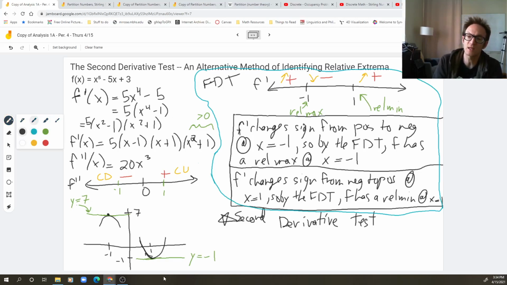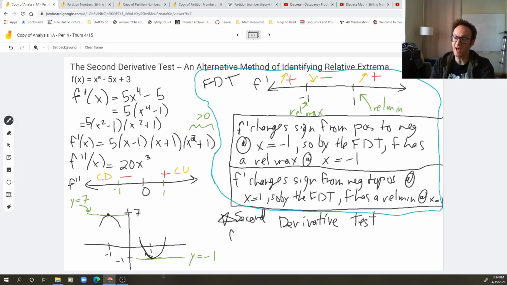So, instead of stating the theorem more generally, I'll just explain how you justify it for this example. Here's what you do. You say, okay, f, you're considering this critical number, -1. f prime of -1 is 0. In other words, it's a critical number. And f double prime of -1 is negative, which means that the function is concave down.